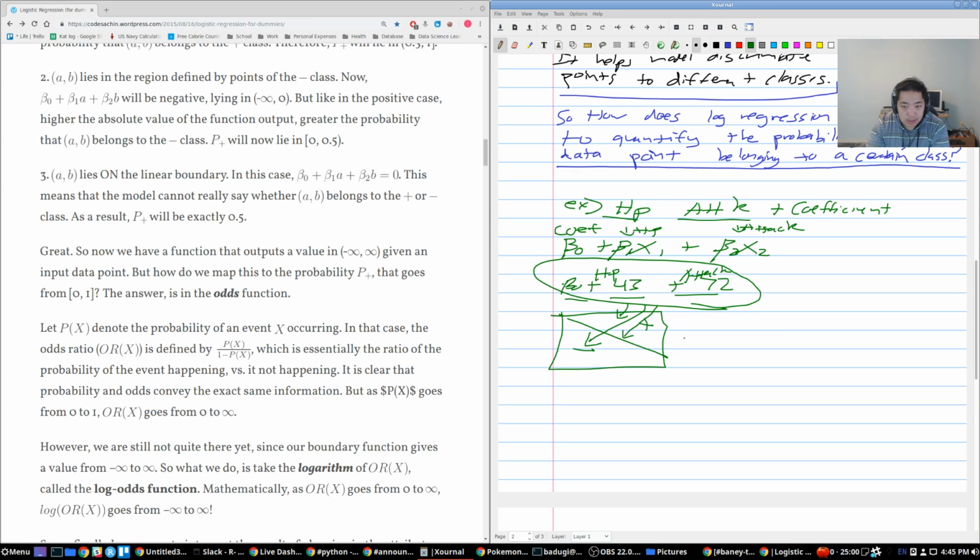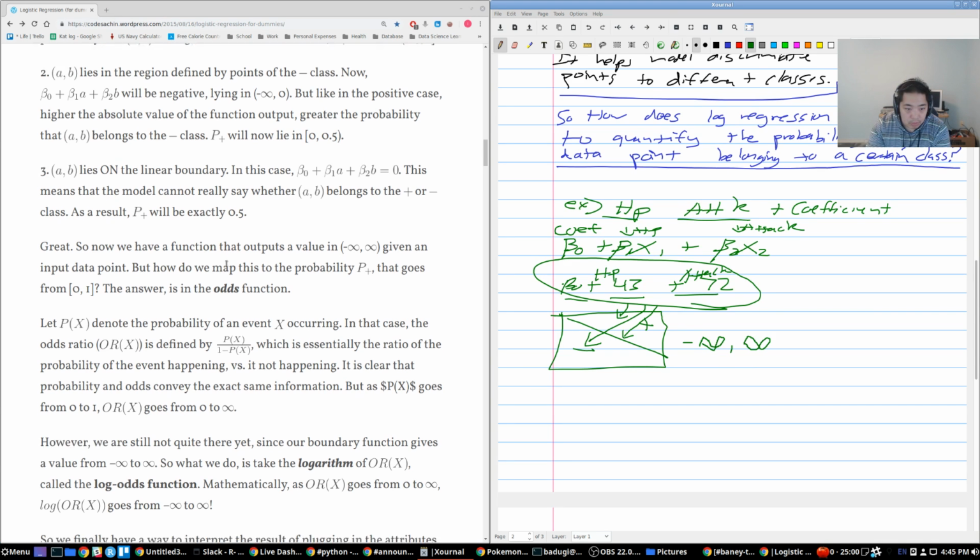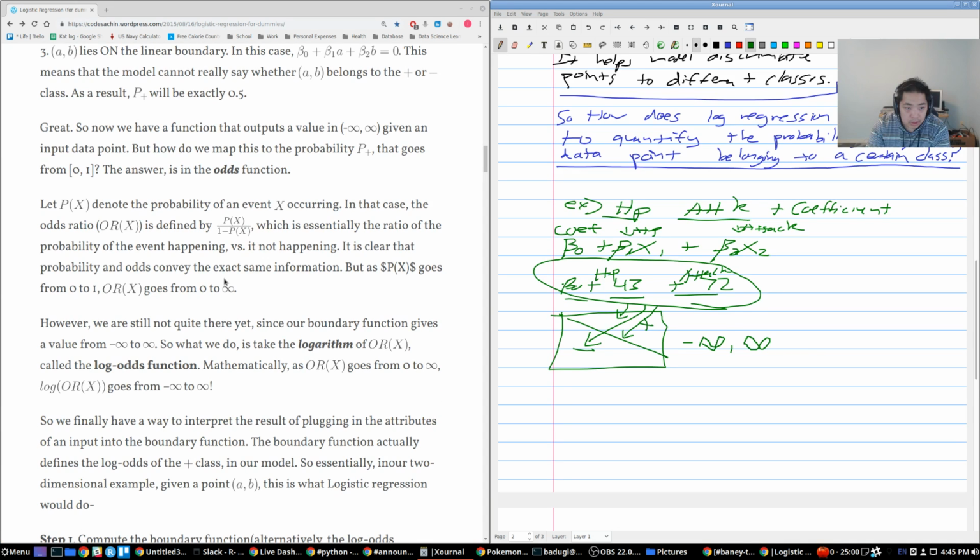But since this plane is infinite, this is bad, hold on a sec. We actually have to convert it from 0 to 1, but right now it's from negative infinity to infinity. Let P of X denote the probability of X occurring.